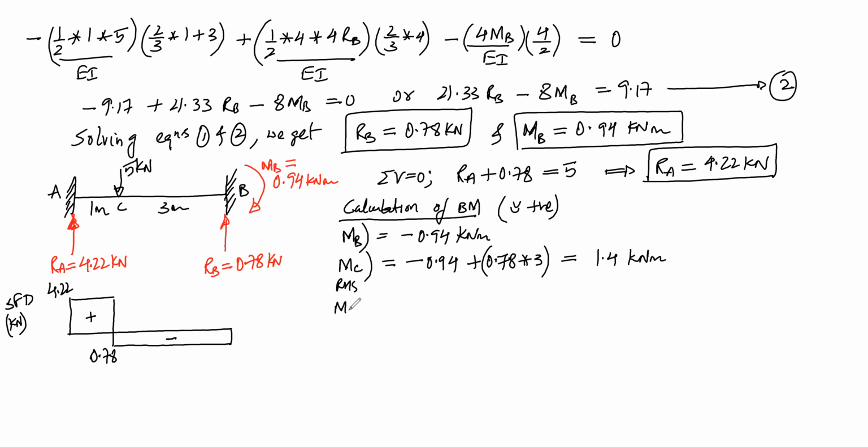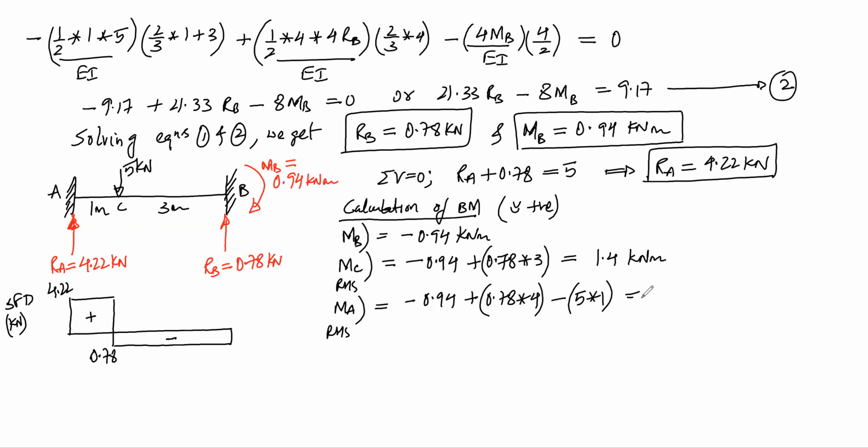And moment at A, if we consider right hand side, this is hogging 0.94 and 0.78 into 4 meters sagging, that is 0.78 into 4, and 5 into 1, this is hogging, so it is minus 5 into 1.